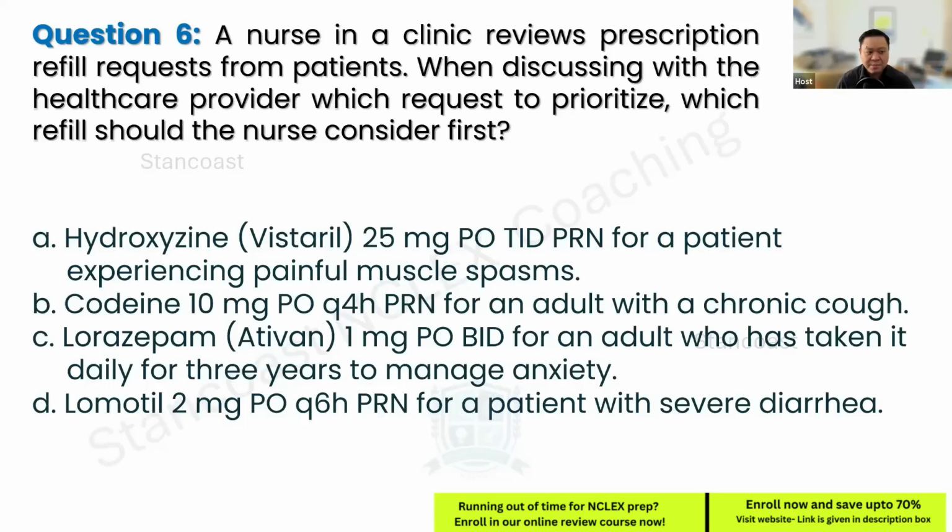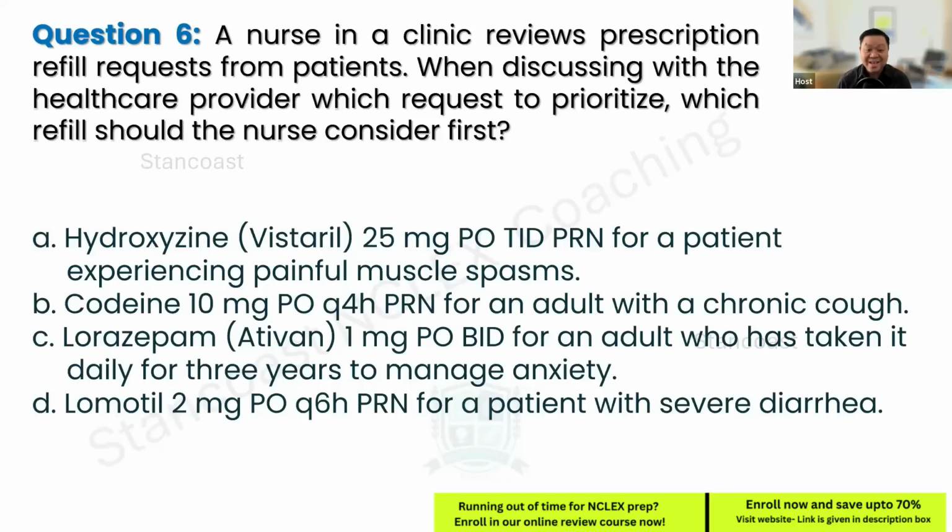B. Codeine 10 milligrams PO every 4 hours PRN for an adult with a chronic cough. C. Lorazepam or Ativan 1 milligram PO BID for an adult who has taken it daily for 3 years to manage anxiety. And D. Lomotil 2 milligrams PO every 6 hours PRN for a patient with severe diarrhea.